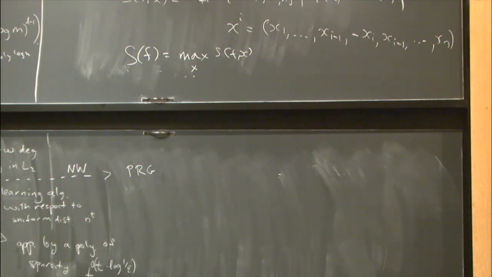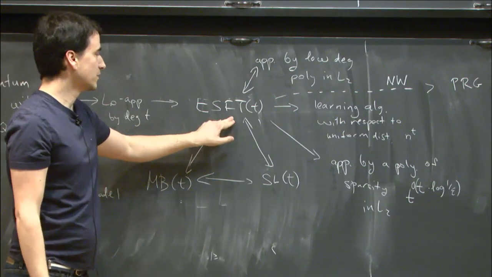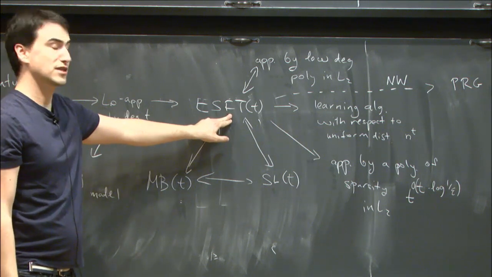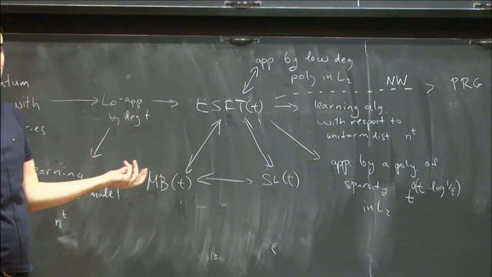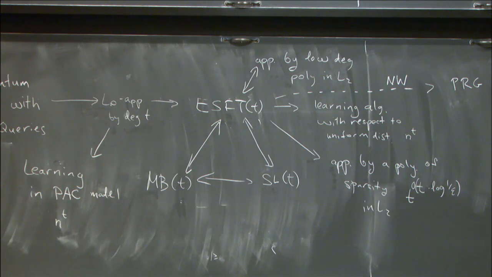But you can do it using the Nisan-Wigderson construction. And why is that? So recall, what does it mean to have exponentially small Fourier tail? It means particularly that parity is a hard function for this class of Boolean functions. So if you have a function that is hard to approximate, the Nisan-Wigderson generator translates it into a pseudo-random generator.